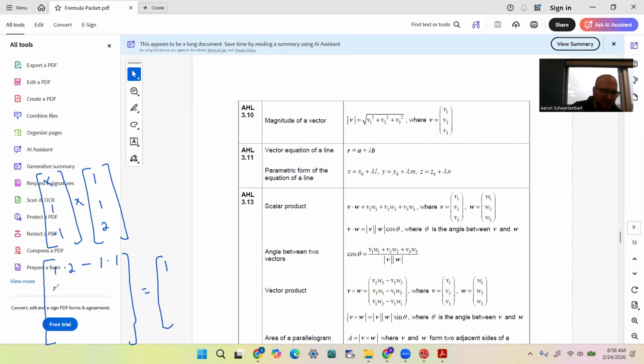That's a -1 times W1 minus V1, x times W3, 2. -1 minus 2x. And V1x, W2 is 1 minus V2 is 1, W1 is 1.